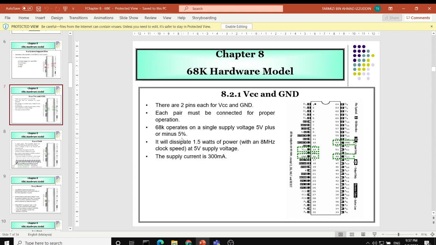That you got to remember. So let's say if you put 6 volt input to the 68K, you will burn the microprocessor. It only operates on 5 volt DC. This pin dissipates 1.5 watts of power with an 8 megahertz clock speed at 5 volt supply voltage, and the supply current that the 68K typically uses is 300 milliampere.